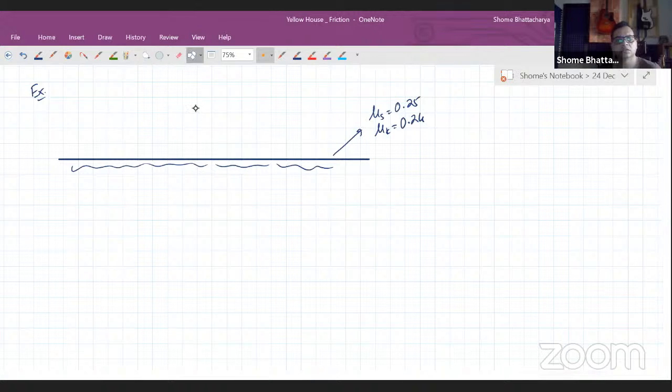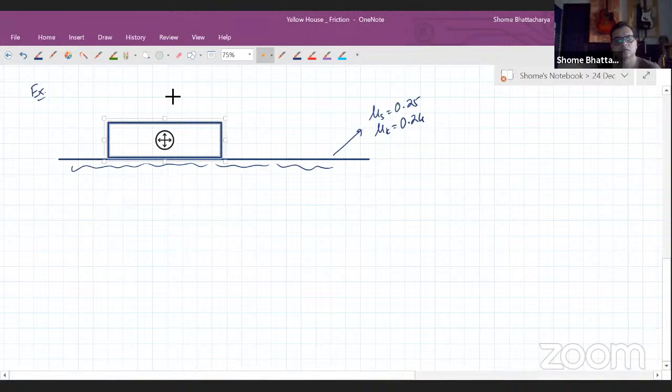On this we have a combination of two blocks placed like this, such that this surface is smooth, so there is no friction.